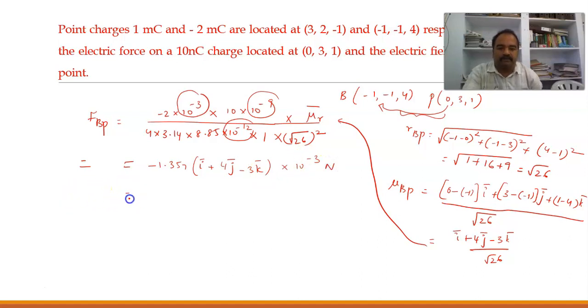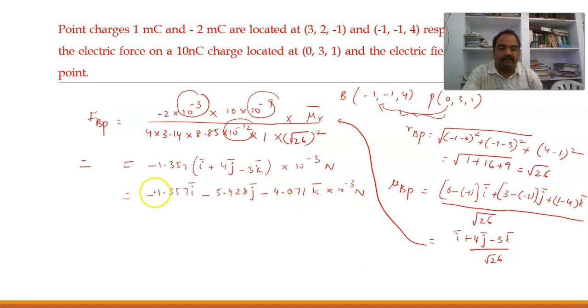So it will result in minus 1.357 i bar minus 5.428 j bar minus 4.071 k bar, into 10 to the power of minus 3 newtons.